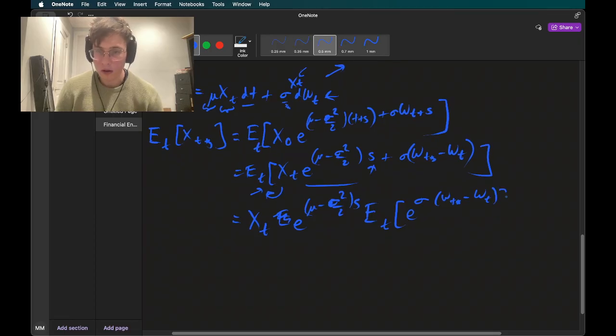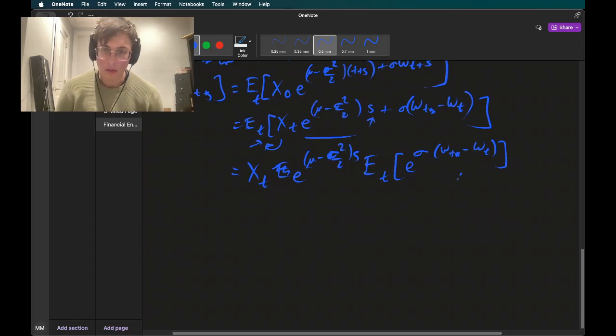However, as we have noted, this is normally distributed, and again, where have we seen this before? This is the moment generating function of this W_{t+s} minus W_t. So this looks like a moment generating function, so we know how to calculate this.